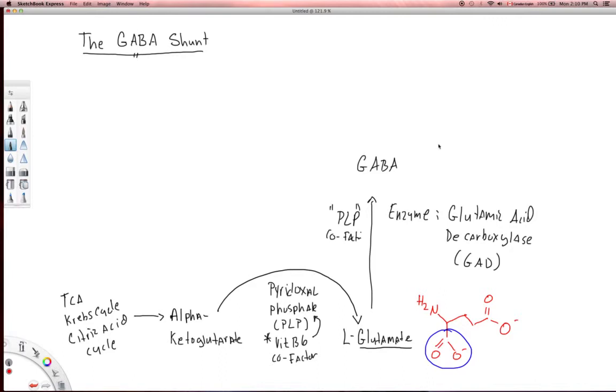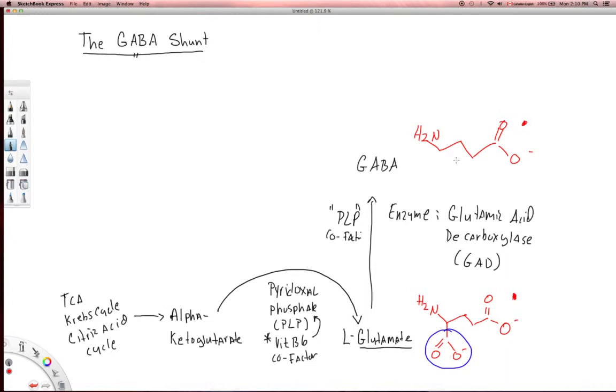So when I decarboxylate glutamate, that leaves me with H2N and then a carbon chain capped off with a carboxyl group here. I have just cleaved the carboxyl group off, and I have gone from glutamate to GABA.